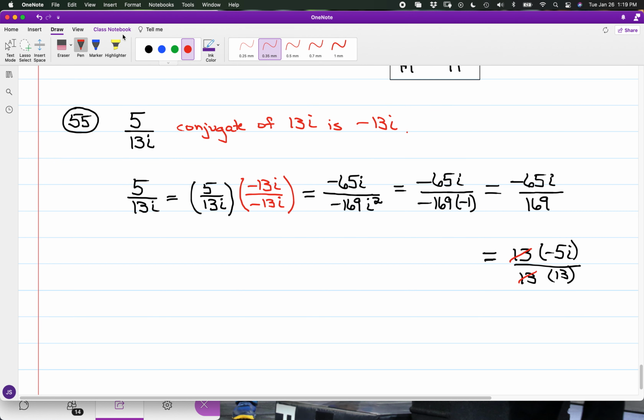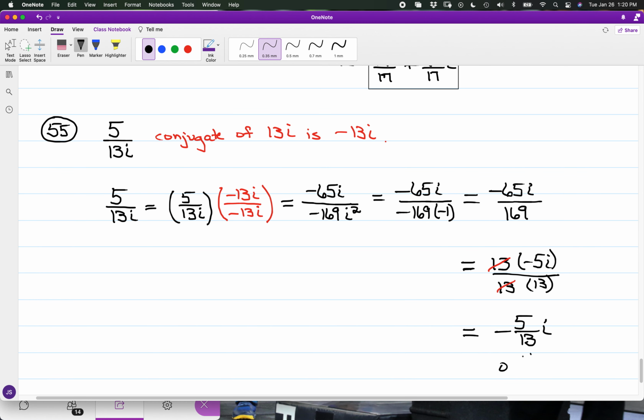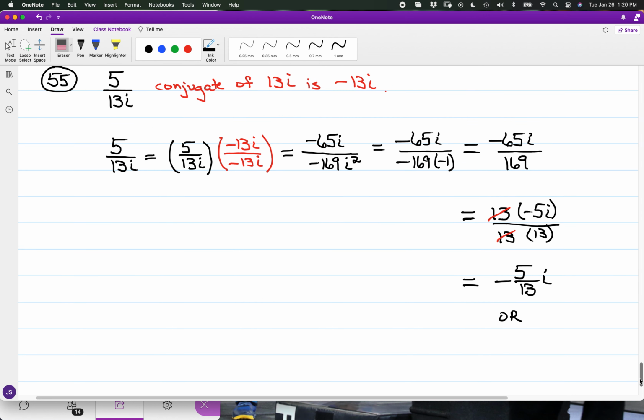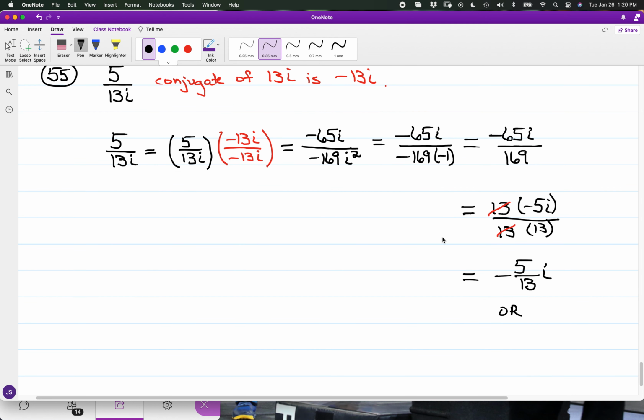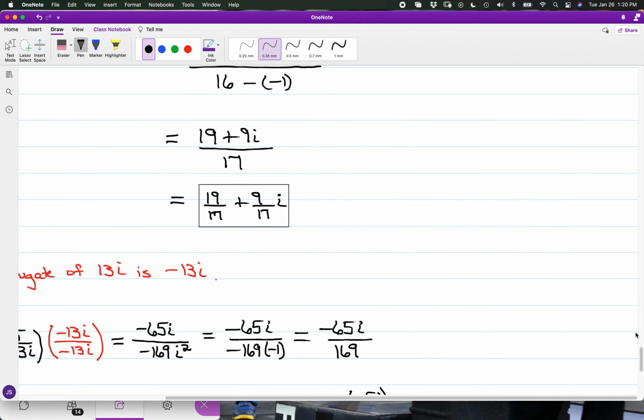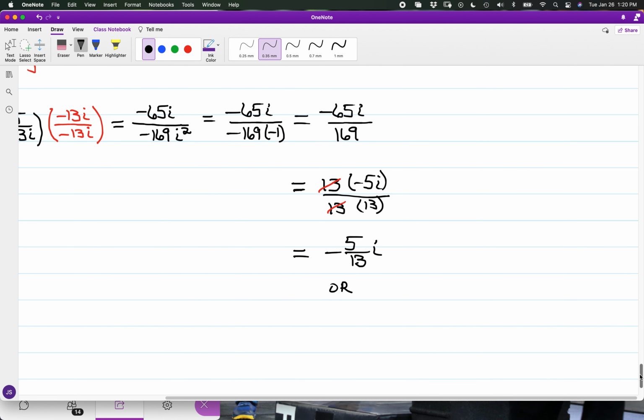So for the completely reduced form, I have -5/13 of i, and if this were to be expressed in any other way, just to have a explicitly laid out, now a is negligible, so the result here could also be written as 0 minus 5/13 of i.